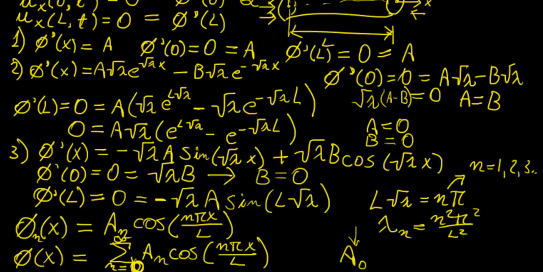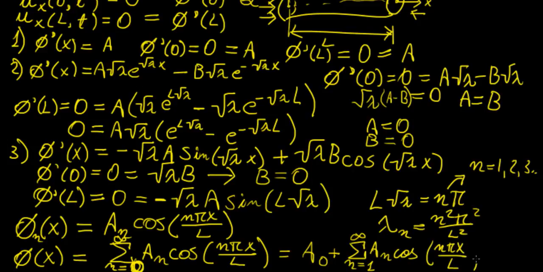Alternatively, we could write this as follows: a_0, which is the first term, plus the sum to infinity from n equals 1 of a_n cosine n pi x over L. So that's essentially the same thing.